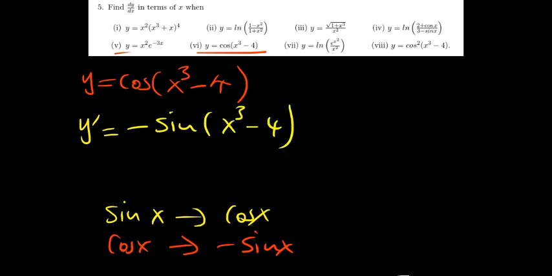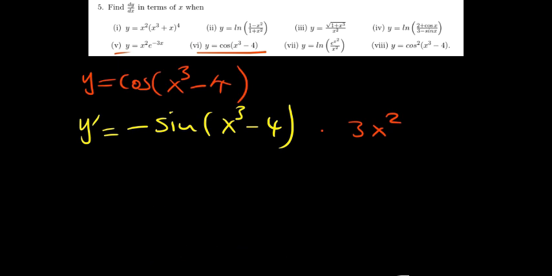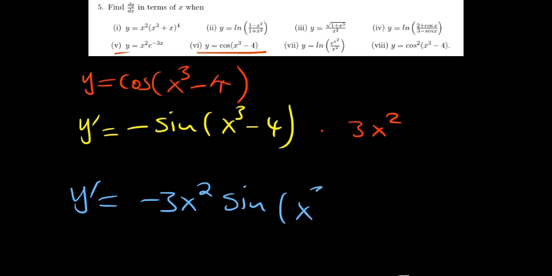Now don't forget that you're supposed to multiply by the derivative of what is in the brackets. Derivative of what is in the brackets is 3x squared. The constant minus 4 just disappears. So what you end up with will be negative 3x squared and then sine of x to the power 3 minus 4. So that is your derivative there.